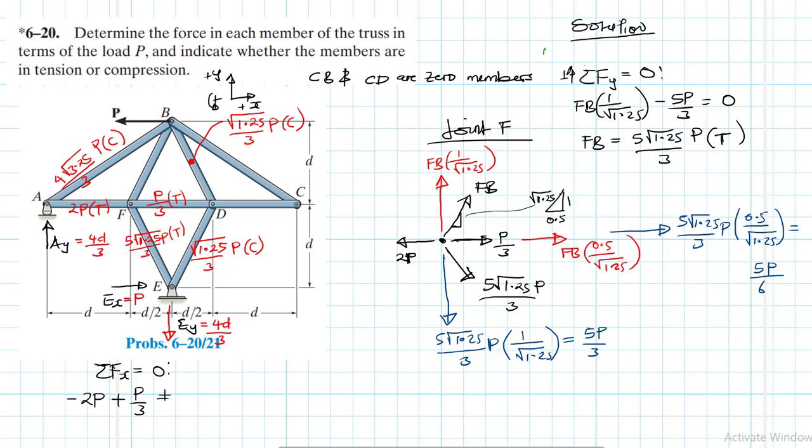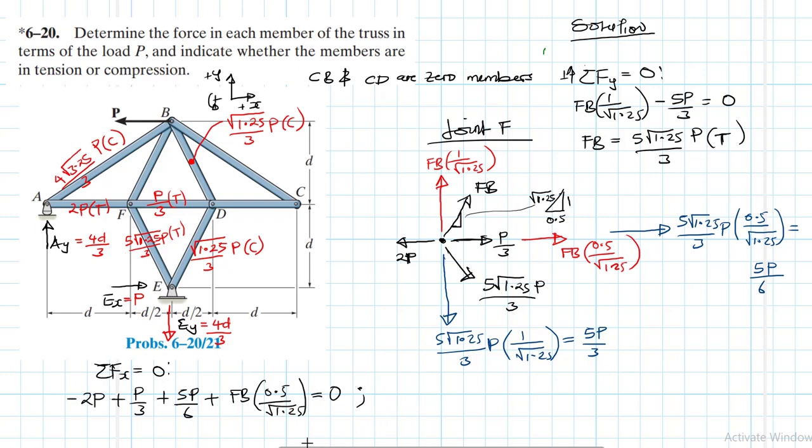Then we have a plus 5P over 6. Then we have a plus FB times 0.5 divided by root of 1.25 equal to 0.